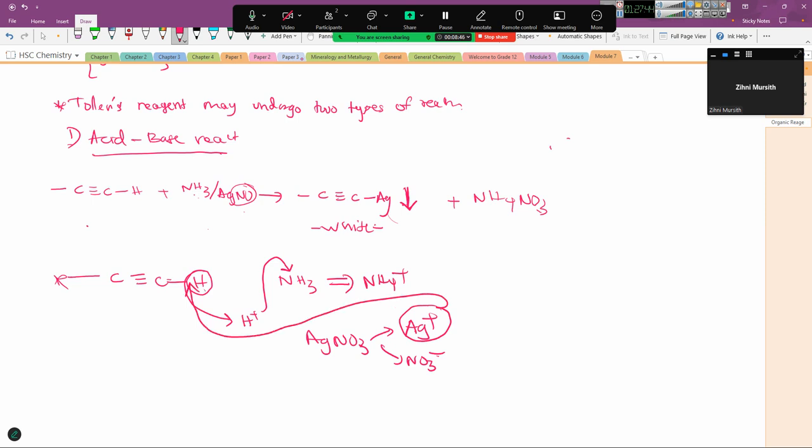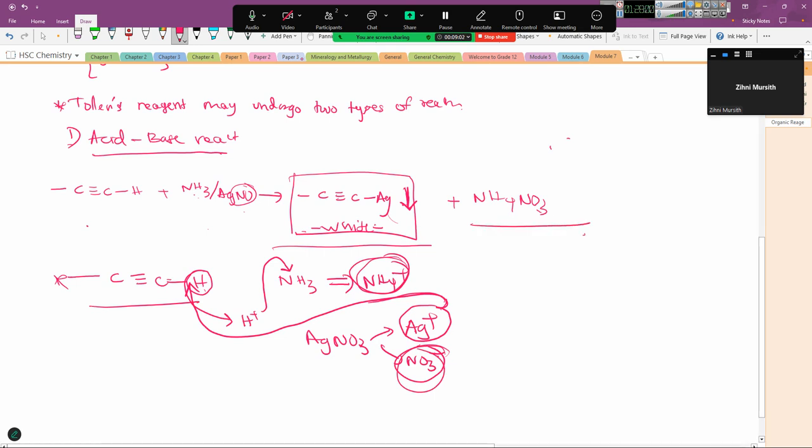So again we have a positive and a negative in the system. Now if the Ag plus combines with this structure, it will produce this, and NH4 plus and NO3 minus will produce ammonium nitrate. Is that okay? Okay.